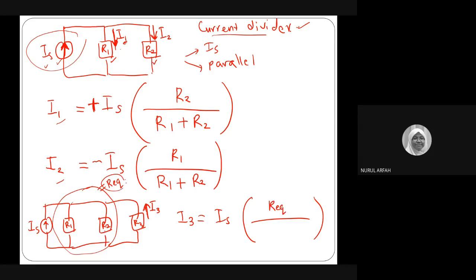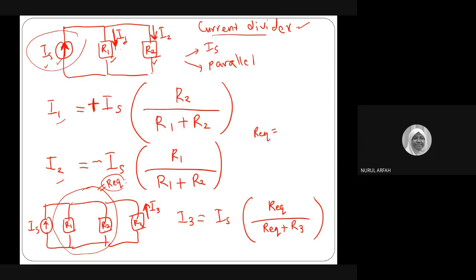So you just put R equivalent here and then divide by? R1 plus R2 plus R3. Okay, R equivalent plus R3, not R1 plus R2 plus R3, okay? So what is R equivalent here?